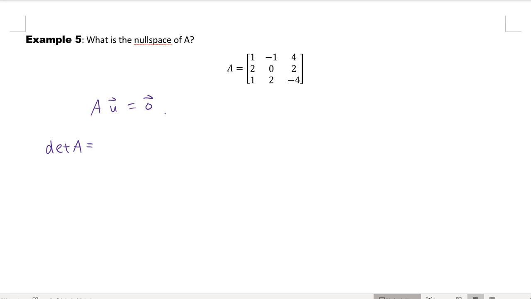Because if the determinant of A is not 0, then we get a trivial solution. And if the determinant of A is 0, then we get infinitely many solutions. Okay, and in this case, we need the Gaussian elimination.